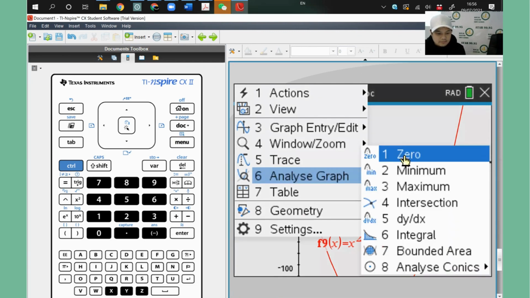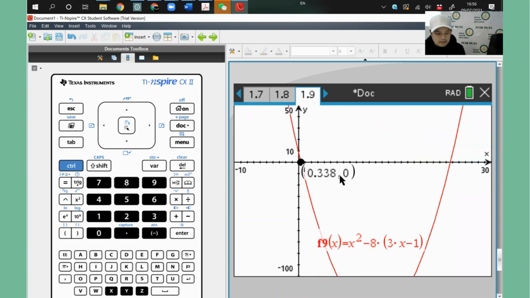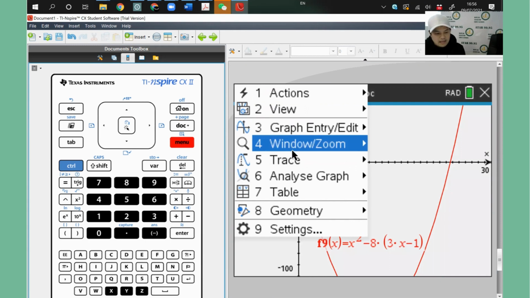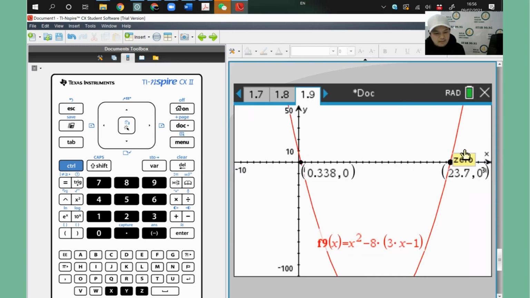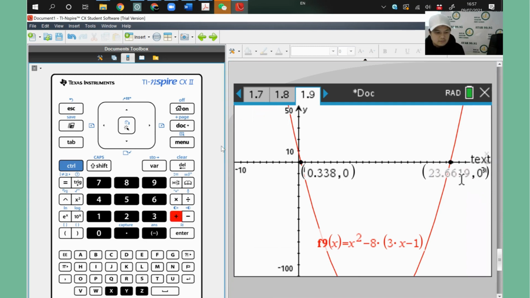Analyze, zero. Left bound, right bound. Okay, menu. Analyze, zero. Left bound, right bound. So you got that. Yeah, once again, let's say I want more decimal places. I don't want this. So what should I do again? Hover over with the mouse. Yeah. And then add plus. Oh, you got more decimal places. So you should know how to play around with this right now. Yeah.